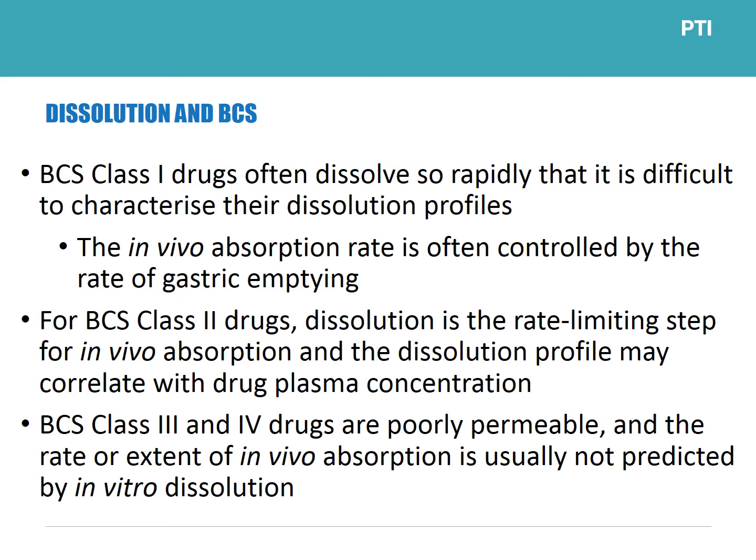And an in vitro in vivo correlation is commonly achieved for BCS class 2 drugs. Drugs in BCS classifications 3 and 4 have poor in vivo absorption kinetics because they're poorly permeable. And in these cases we can't usually predict what happens in the body by looking at the in vitro dissolution profile.